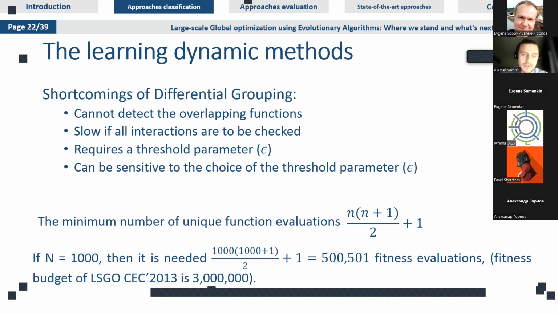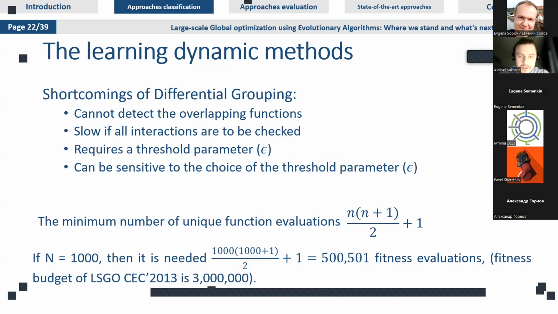It is slow if all interactions are to be checked, if you're speaking about large dimensions. Of course, it also needs a threshold parameter, but based on numerical experiments, the scientists have not found a recommended range for this parameter.